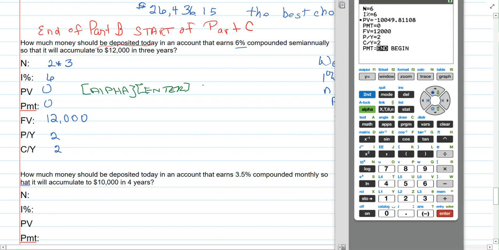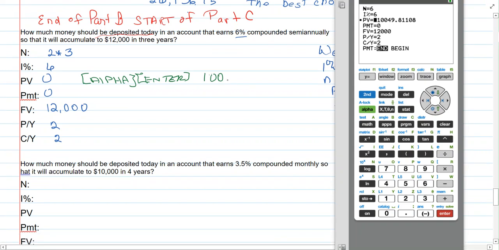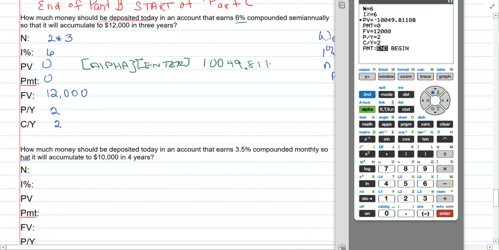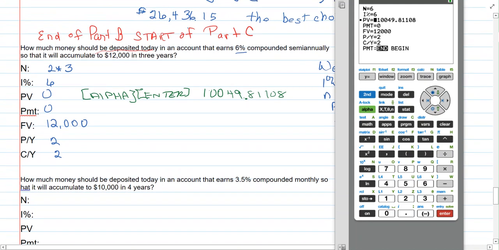And I'm going to use the green. First, I'm going to write out what we see. All right, we know money is in 2 decimal places, so the amount we have to deposit is $10,049.81.